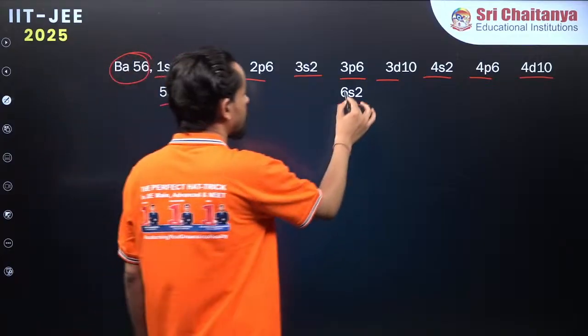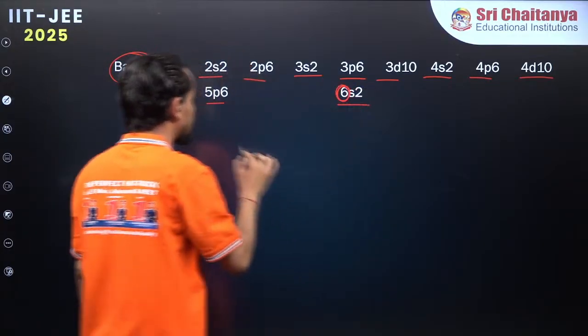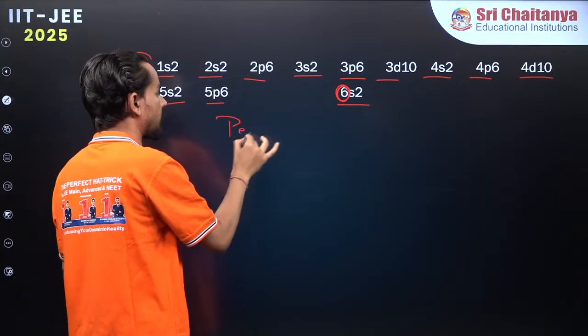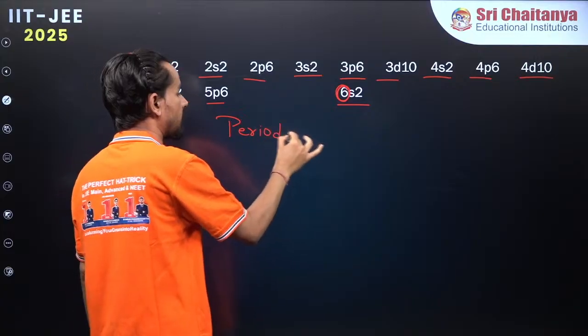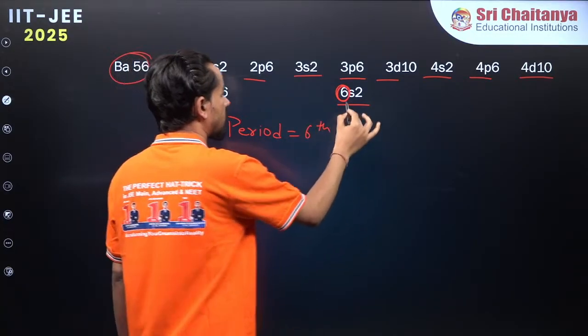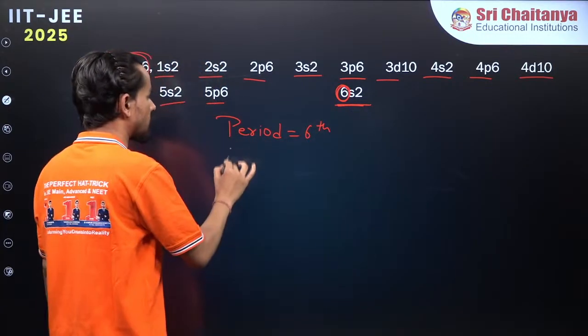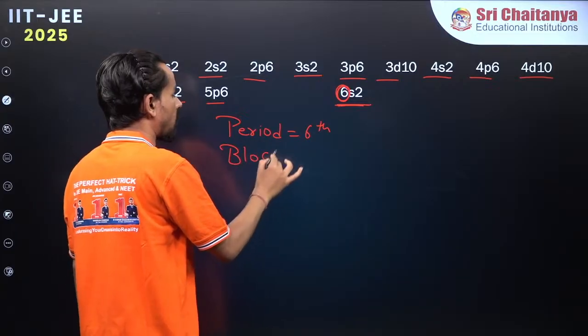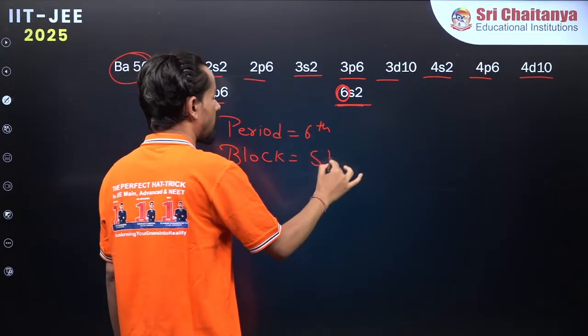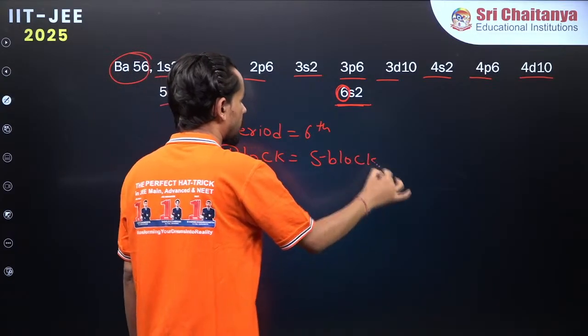So what is the highest filled shell? That is the sixth shell, so the period will be sixth. The last electron is going into the s subshell, so the block will be s block.